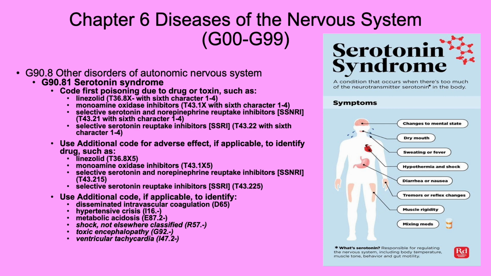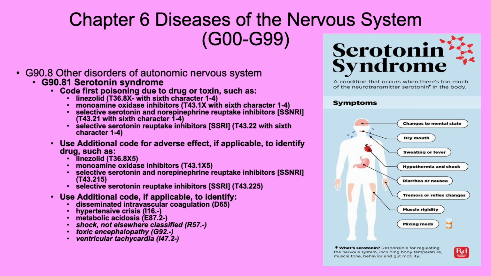Okay, also under chapter 6, other disorders of autonomic nervous system, serotonin syndrome, and you can see from the picture too much of the neurotransmitter serotonin in the body that can make changes to the mental state, dry mouth, sweating, fever, hypothermia, shock, diarrhea, nausea, tremors, reflex changes, muscle rigidity.